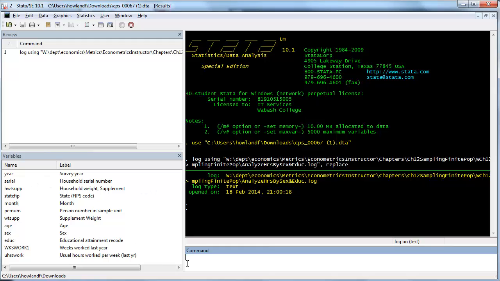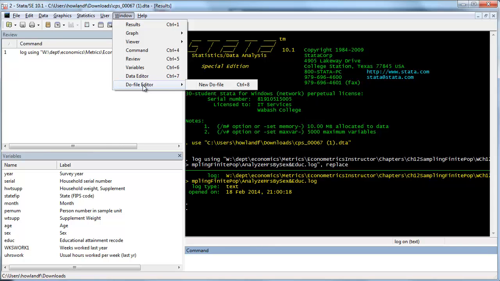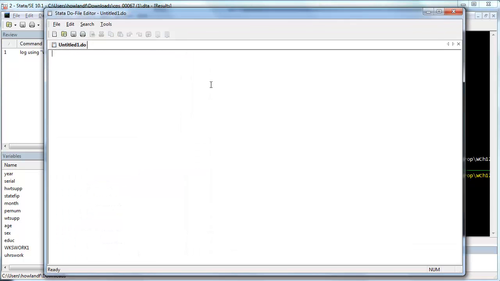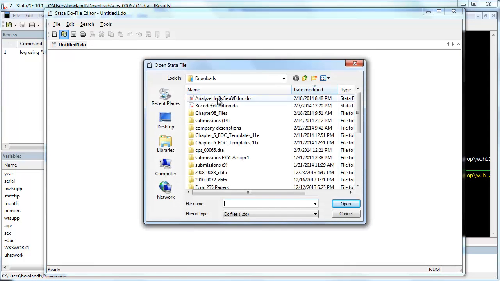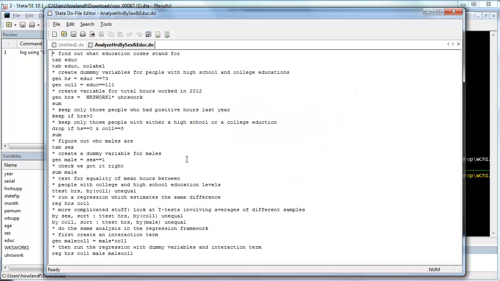Now, to facilitate the analysis, I'm going to use a do file. Let's go find the do file. I'm going to open it up, and in downloads there's the do file, and you of course can obtain this from the appropriate place on our website, the Canvas site. The do file's got a bunch of stuff here, and I'm going to run this do file.